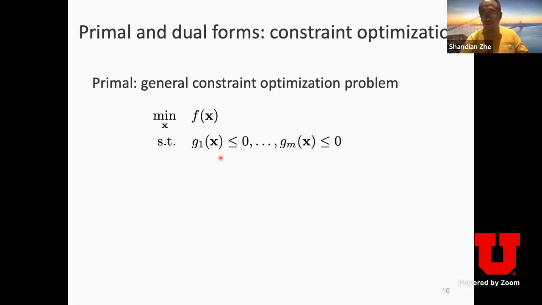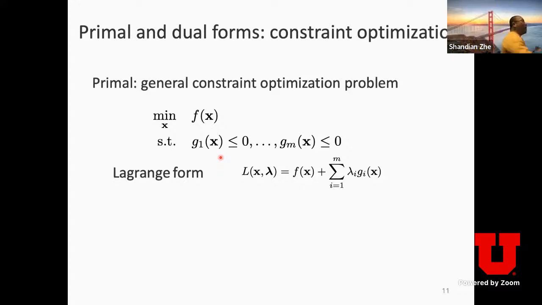To analyze this problem, and maybe you haven't heard of this term before, we can construct an augmented function, which we call the Lagrange form. The Lagrange form is simply the objective function plus a linear combination of the constraint functions. The coefficient for every constraint function is called a Lagrange multiplier.